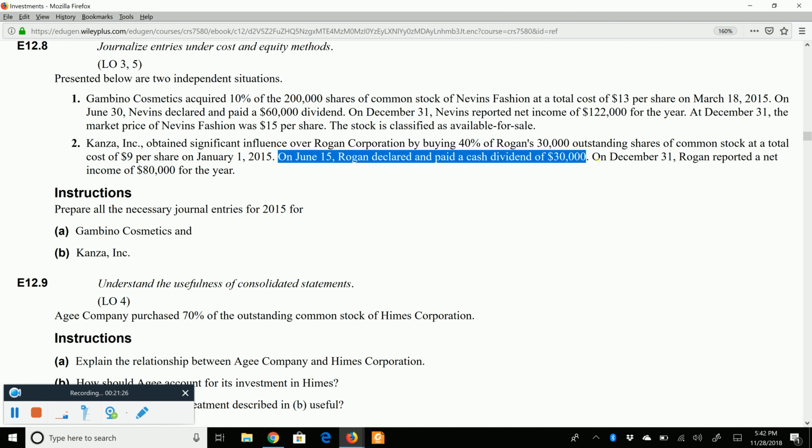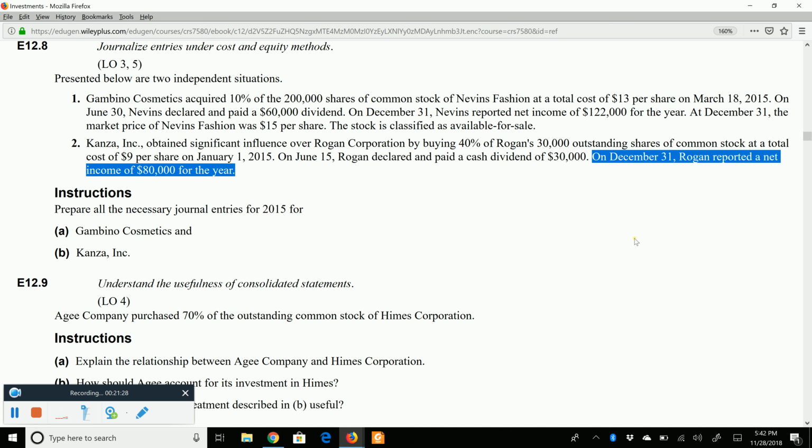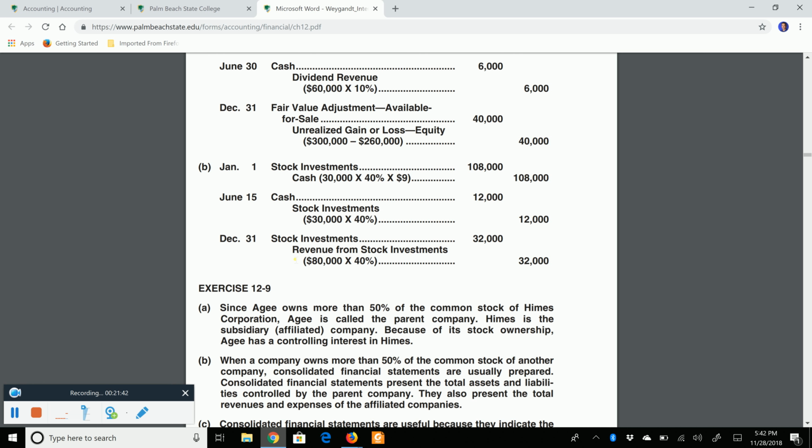And here is something else that's different. On December 31st, Rogan reported net income of $80,000 for the year. Now, a few moments ago, when we used the cost method, I said to you, when the company we own an investment in reports net income, we ignore it accounting-wise.